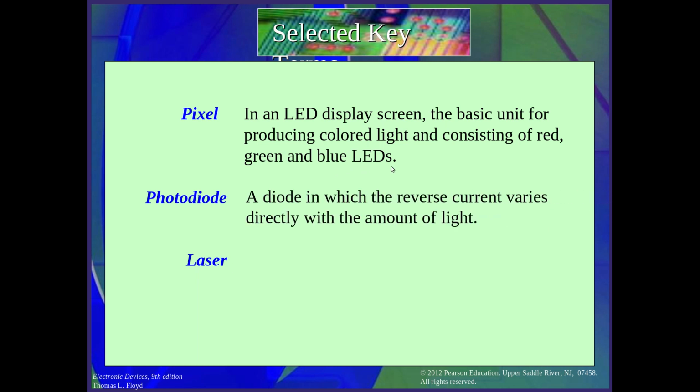The photodiode is a diode in which the reverse current varies directly with the amount of light that comes to it, so it's receiving. The laser, what is the laser? I think it's the abbreviation: light amplification by stimulated emission of radiation. This also relates to your question.